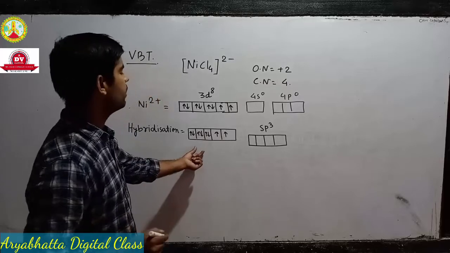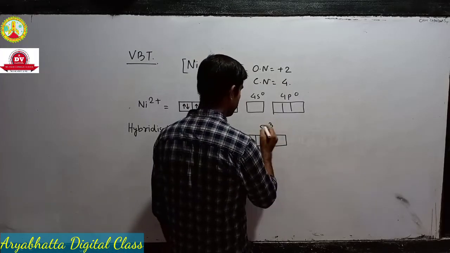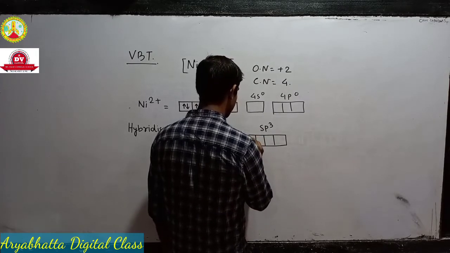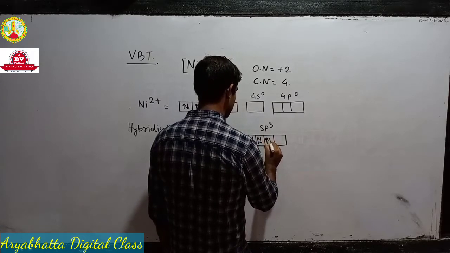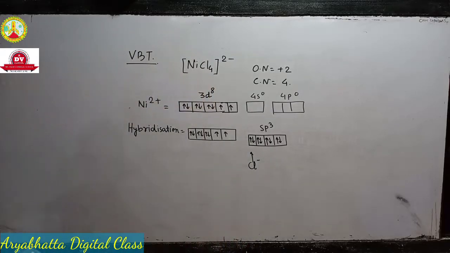The d orbitals will remain the same. We have sp3 hybridization over here, with 4 pairs of electrons from chlorine. And this is NiCl4.